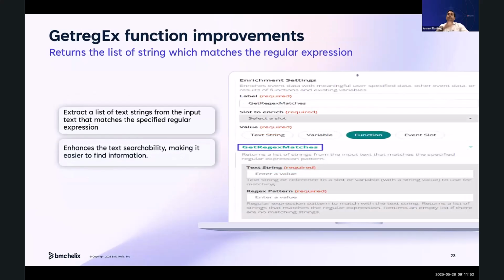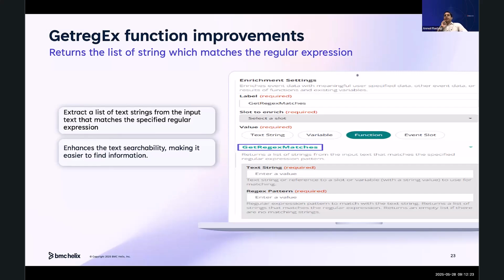Another important aspect to look at is the get regex function, as you can see in the enrichment policies. Earlier, this regex function only returned a Boolean value based on whether the match was successful or not, and after that the user needed to perform a lot of other string operations to extract the string.